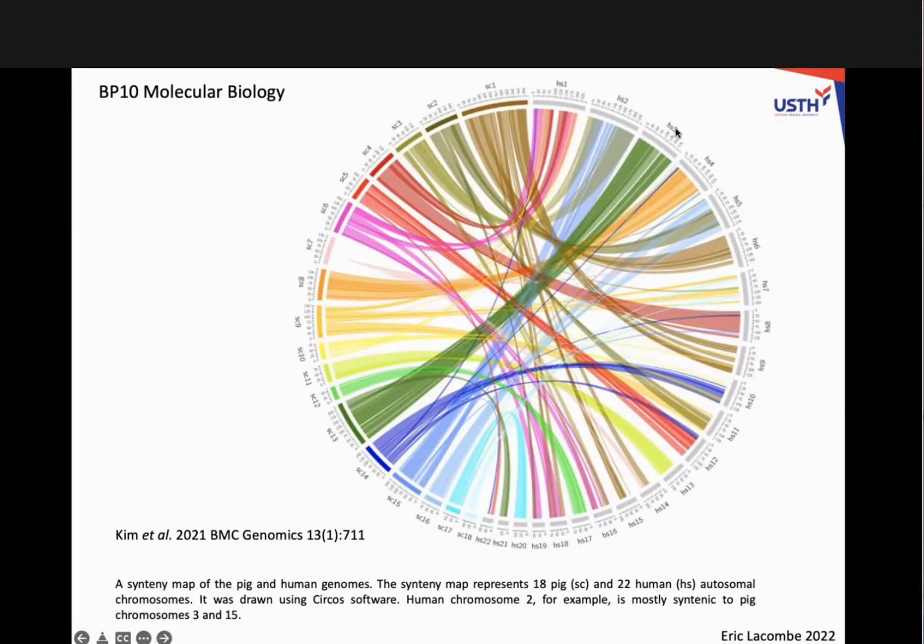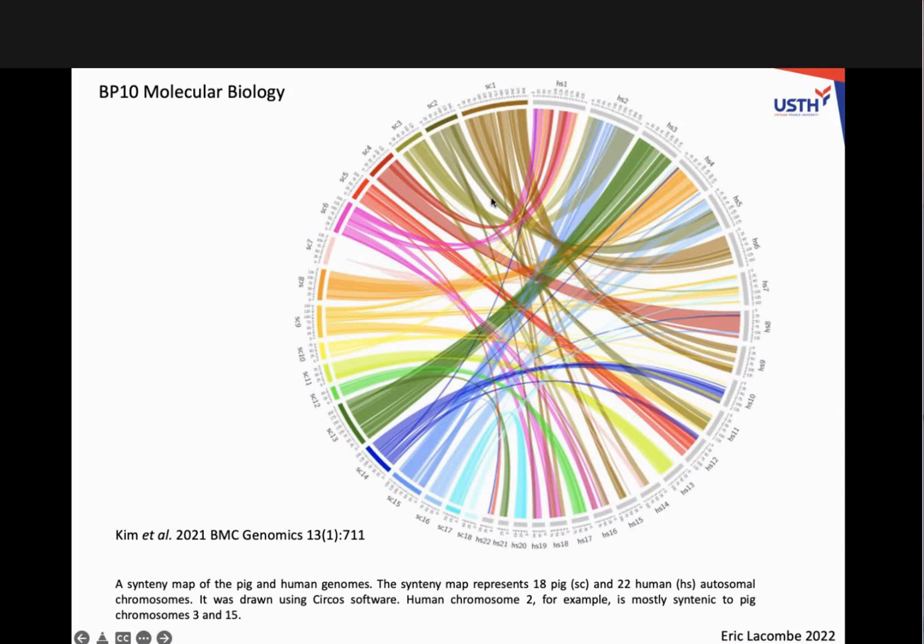So basically, we can say, without any big mistake, that chromosome 13 in pig could be a kind of fusion between chromosome 3 in human and 21 in human. Okay, so I hope everybody can see that.